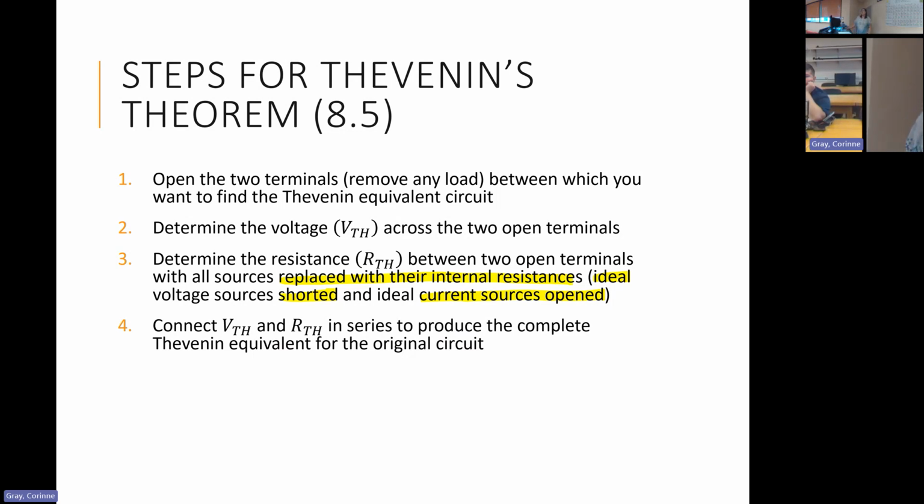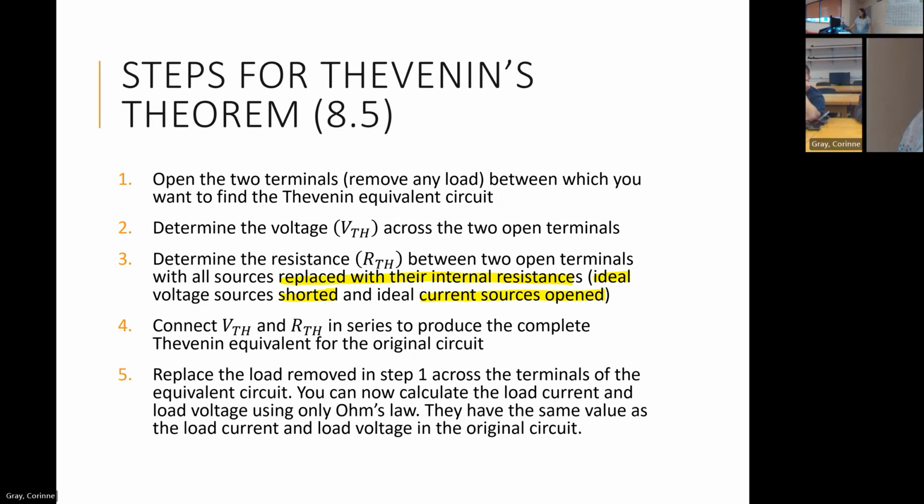So basically everything should boil down to one battery, one resistor, and a voltmeter. Once we have that, we are done. Or I guess we're not technically done. It says replace the load removed. So now you just take the voltmeter out and put the resistor back in for picture purposes.